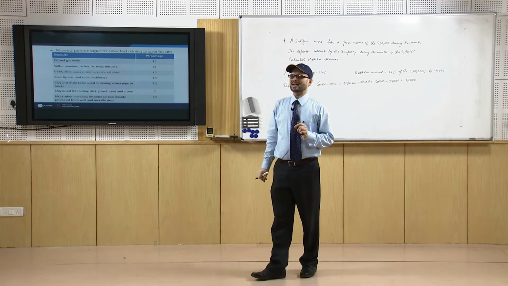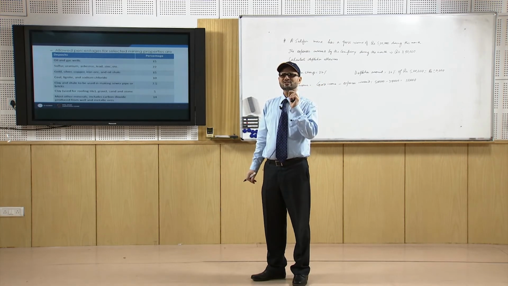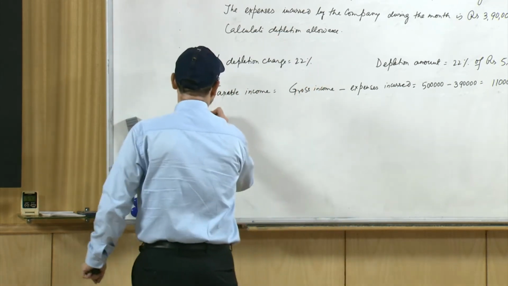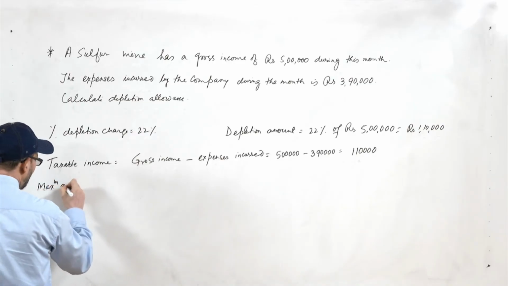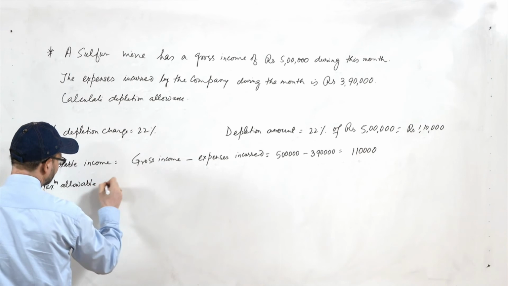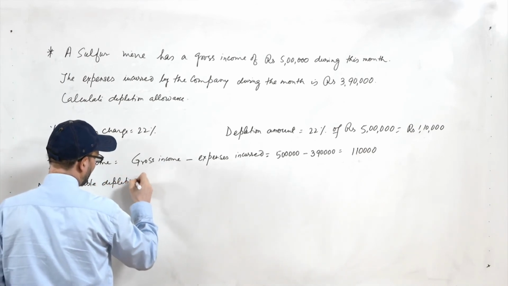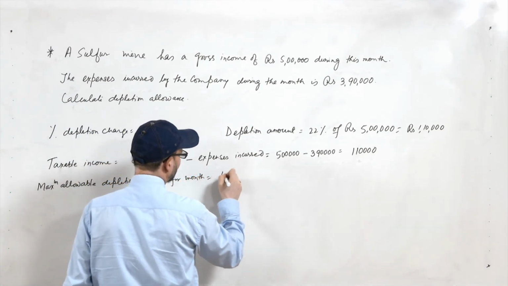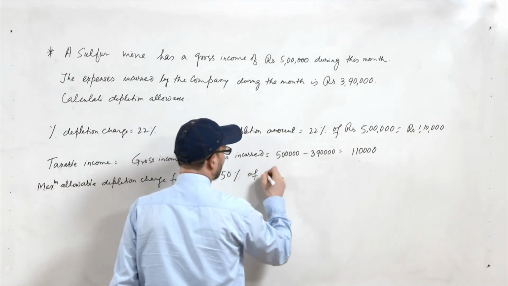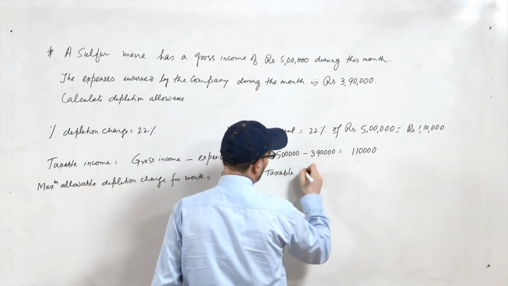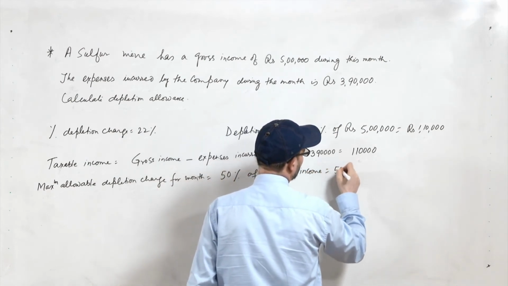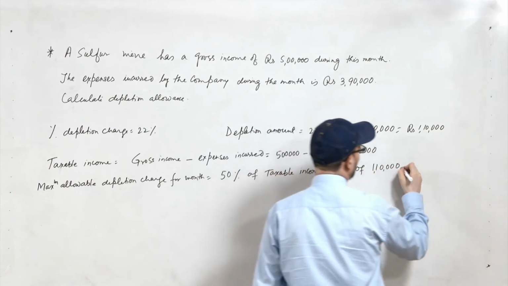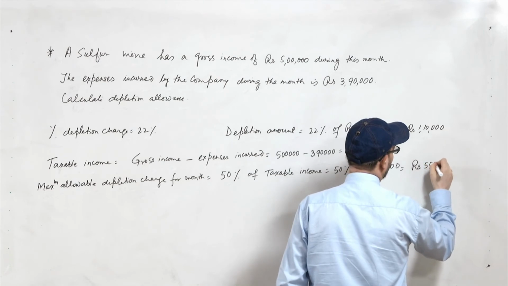Now, the rule says that the maximum allowable depletion charge has to be 50% of the taxable income. So, maximum allowable depletion charge for the month, it should be 50% of taxable income, that is 50% of 1,10,000, which comes out to be rupees 55,000.